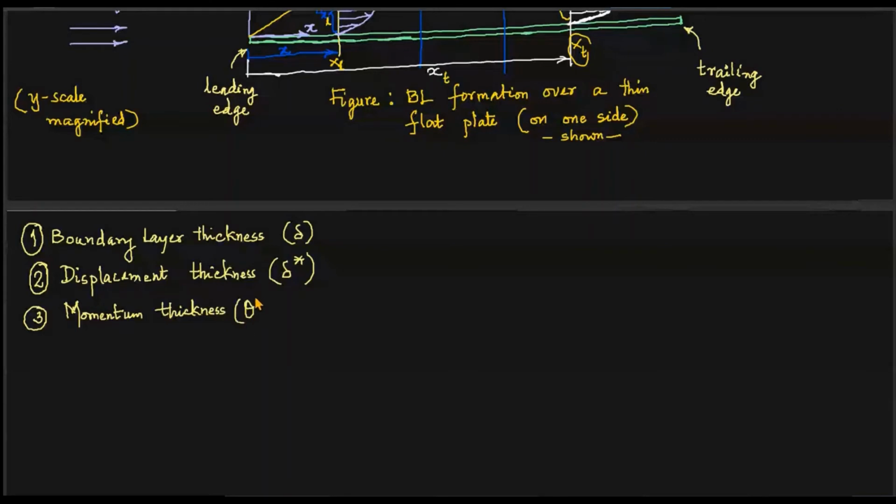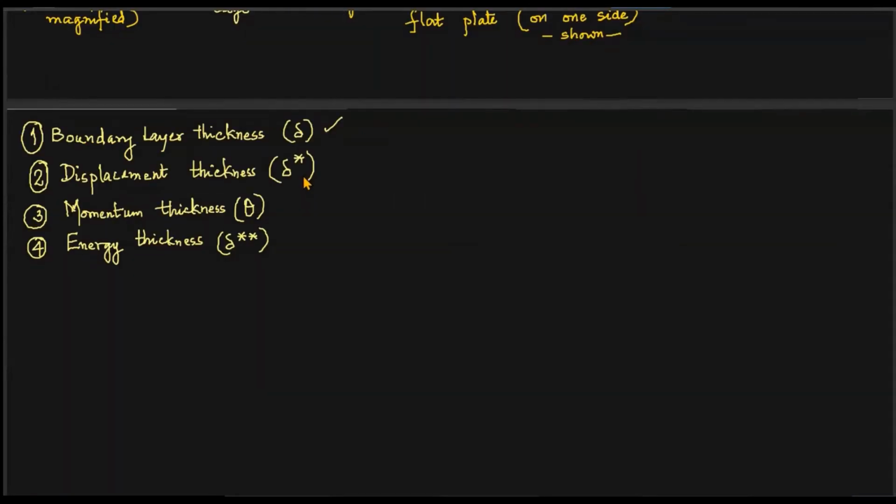We'll use theta. Okay. And fourth is energy thickness. Energy thickness, that is represented by delta double star. You can write like this, delta double star representing energy thickness.